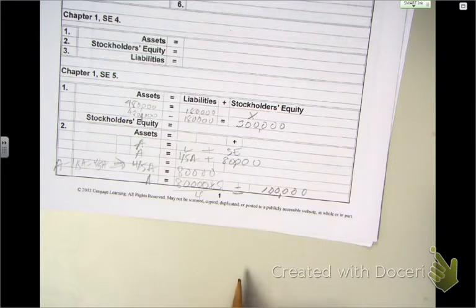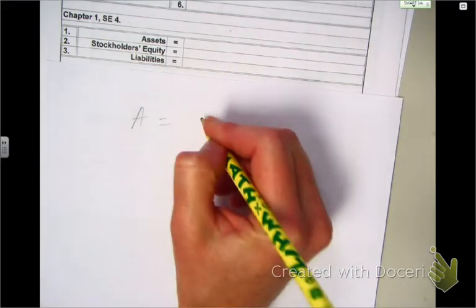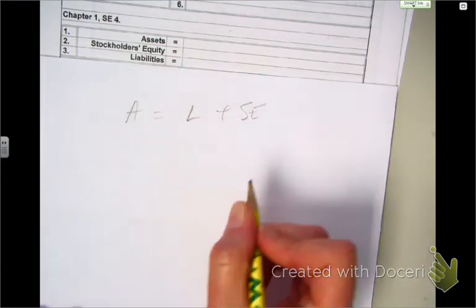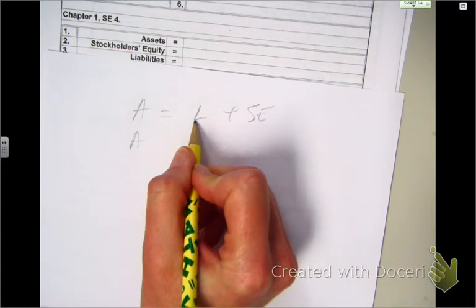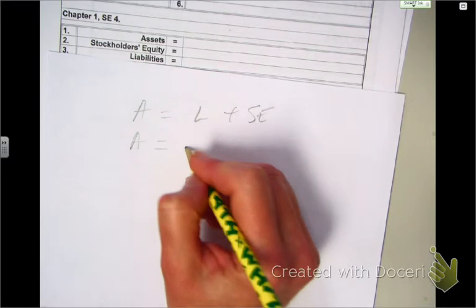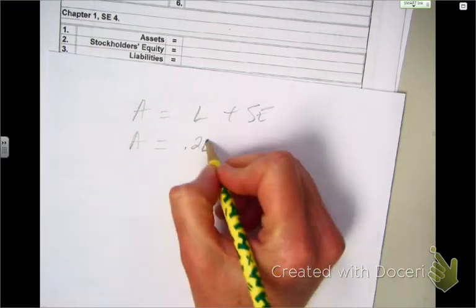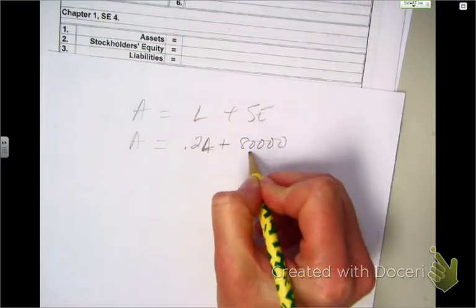Did anybody do it with decimals? Who did it with decimals? Anybody? Alternatively, you could have done assets equals liabilities plus stockholders' equity again, right? A equals, what is 1/5 equal to in decimals? 0.2, okay? So you could do it like this, 0.2A plus 80, okay?